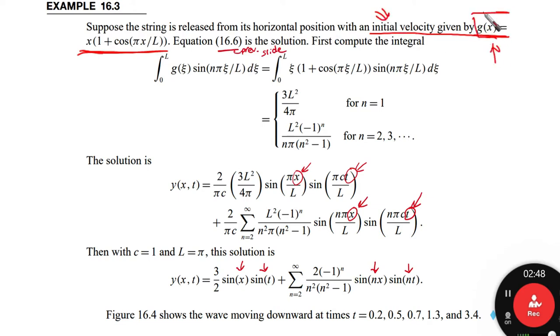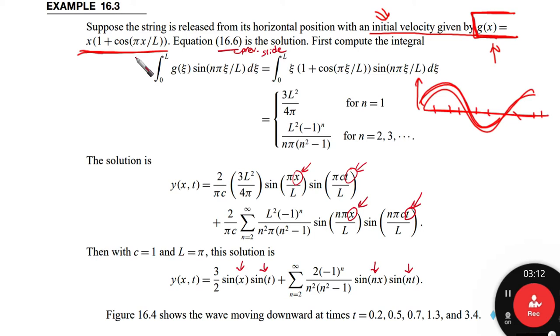As I said before, why is the initial velocity not given as one value? Because we have a wave, so we need to think that at every point x there is a value for y. So we are going to give it as g(x) equal to x times 1 plus cosine pi x over L.